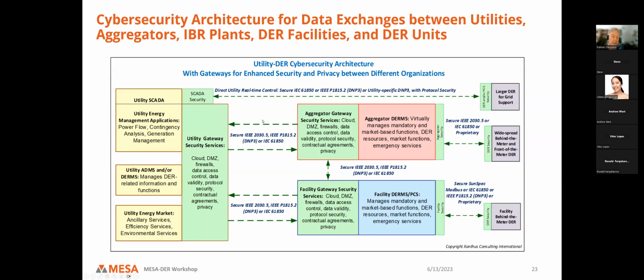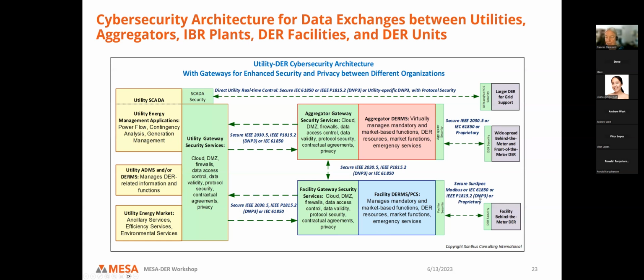The same is true with utility gateways to aggregator gateways, as well as utility gateways to facility gateways. Because within the aggregator and within the facilities, there are going to be more and more sophisticated capabilities to manage the DERs and the loads, and I think that's going to be quite important.